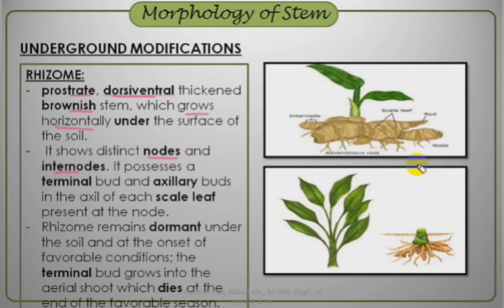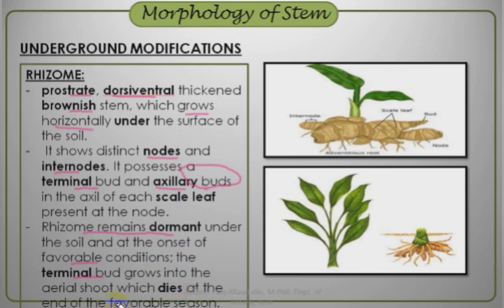I will discuss all these things in the diagram. It possesses a terminal bud and also axillary buds. The position of these buds is also a characteristic feature of a stem. And scale leaves. Rhizome remains dormant under the soil, and at the onset of favorable conditions, the terminal bud grows into the aerial shoot, which dies at the end of the season.